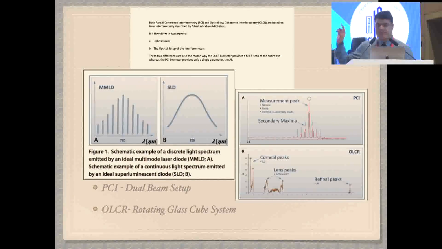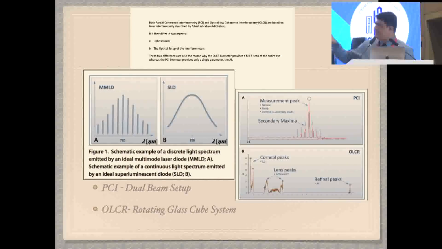The light source used in the IOL Master 500 is the MMLD, a multimode luminescent diode, so it creates a lot of secondary maxima waves. That's why it cannot measure ACD, lens thickness and corneal thickness, whereas OLCR uses an SLD, so it gives a continuous wave.